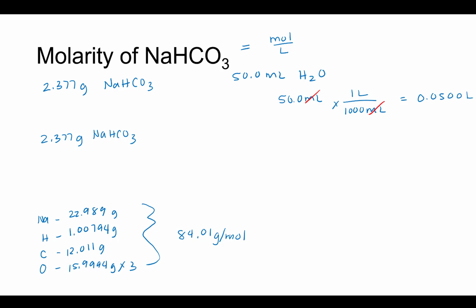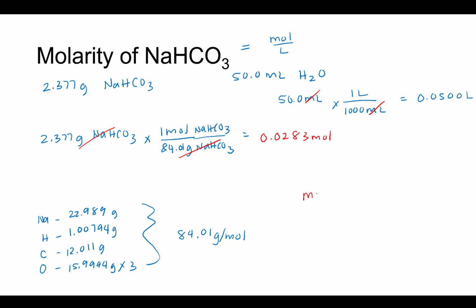So if I look at how I'm going to do that, my grams are on top here, and I want those to cancel out. So I'm going to put times 1 mole, which works out because I want to have moles at the end. So that's over 84.01 grams of sodium bicarbonate. I'll cancel out my units and then divide, and we should get 0.0283 moles.